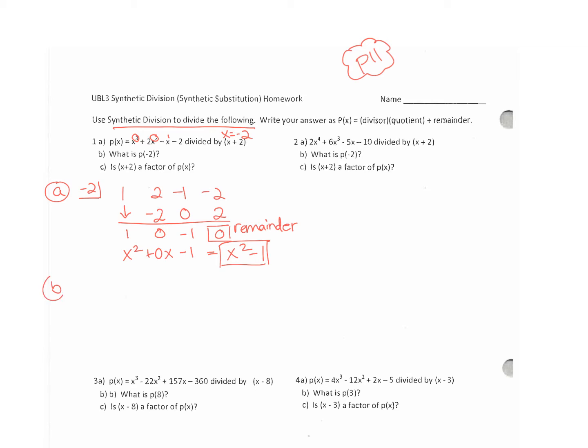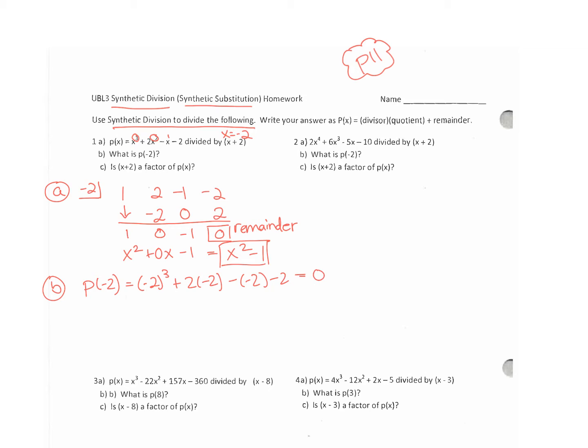So for B, it asks, what is p of negative 2? In other words, if I took the time to substitute in negative 2 everywhere I have an x in my original equation, what would my answer be? And I don't need to do that math because I happen to know that synthetic division is also known as synthetic substitution, and my answer would be my remainder.